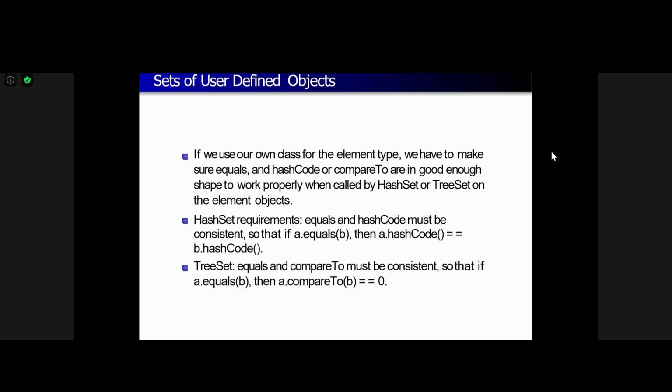And what does that mean? That means that if A equals B by the equals method, then the hash codes have to agree. But it doesn't have to work the other way. You can have two different objects that are not equal that have the same hash code. So it just has to work this way: if there's true equality, then there's hash code equality.